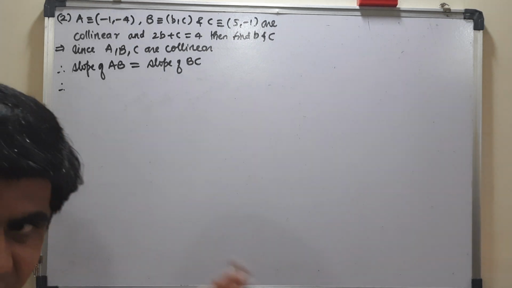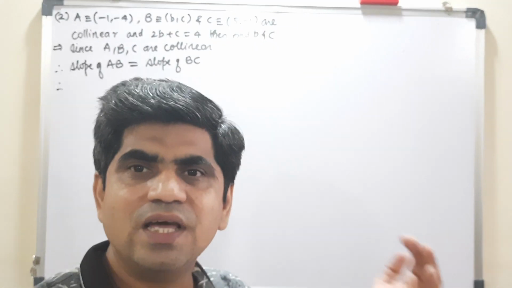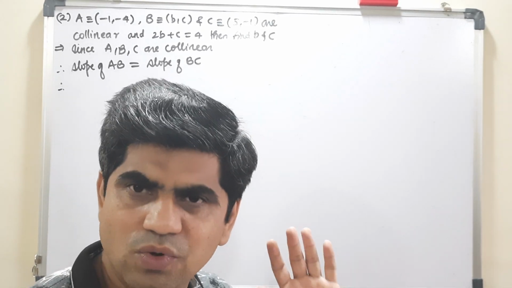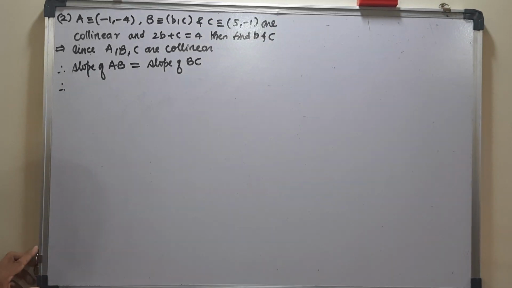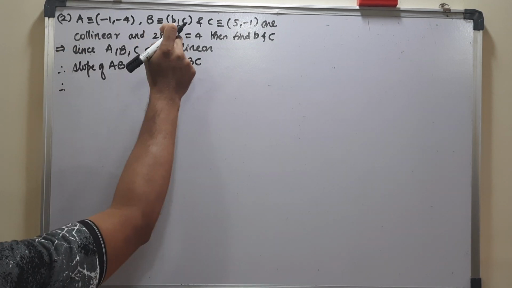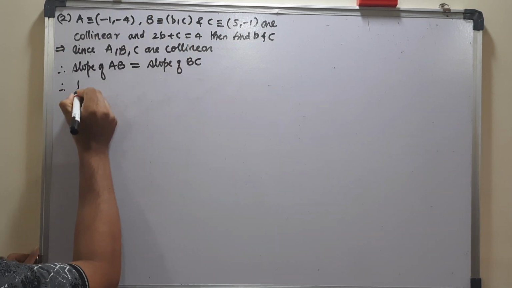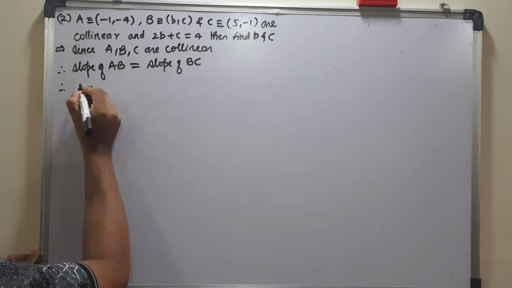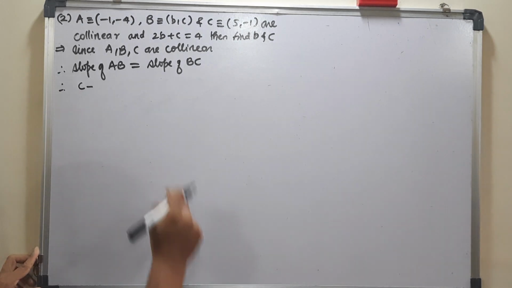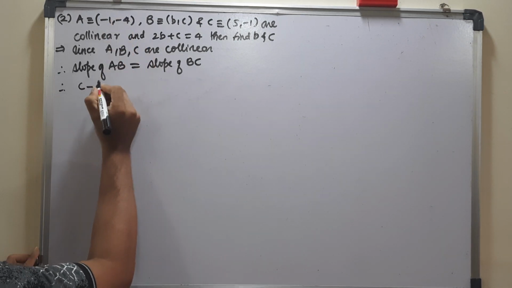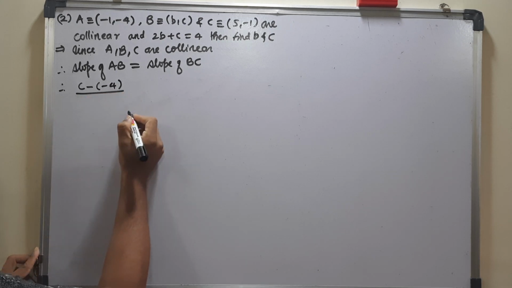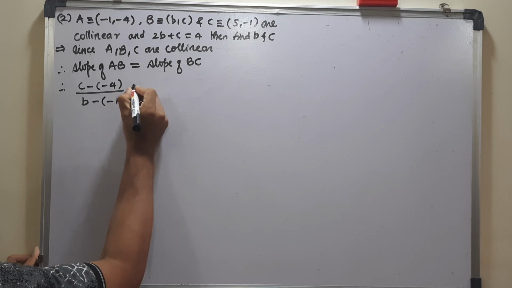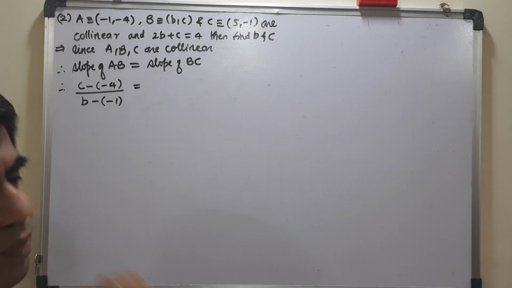So the slope of AB can be found out as the ratio of the difference of y coordinates to the difference of x coordinates. So the difference of y coordinates in AB will be, I am starting with the unknown, that will be better, B minus, and sorry, C is the y coordinate, C minus, and this is your y coordinate, that is minus 4, upon B minus, and the x coordinate is minus 1, is equal to the slope of BC.